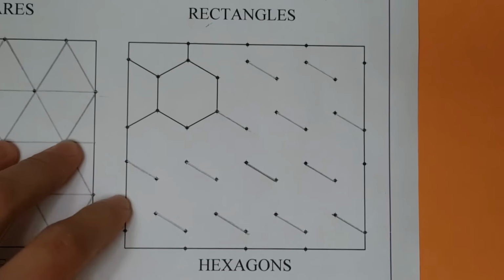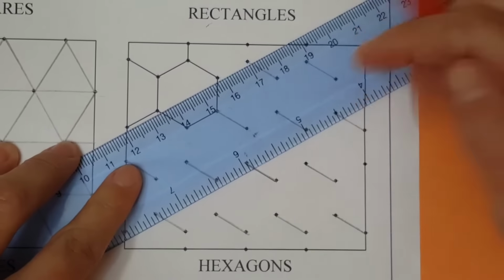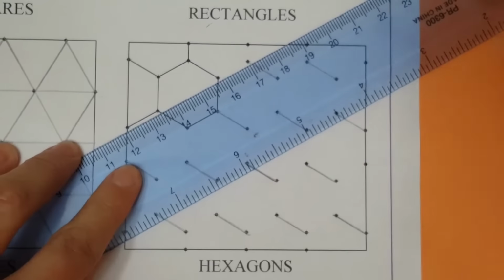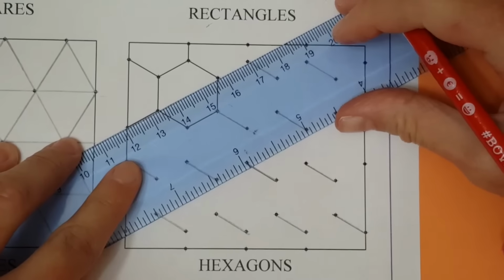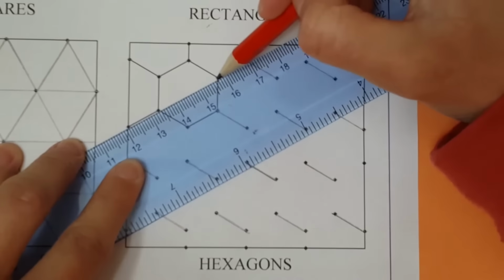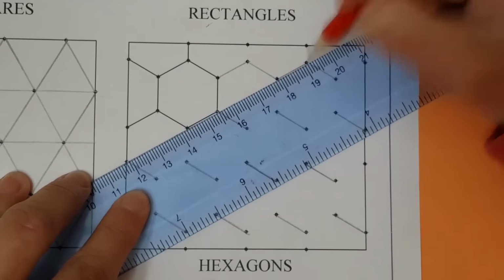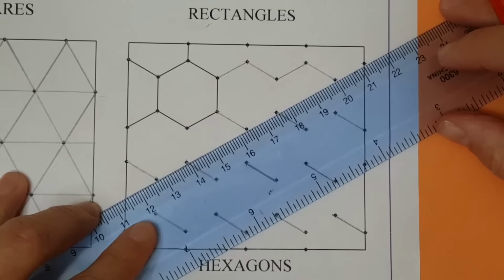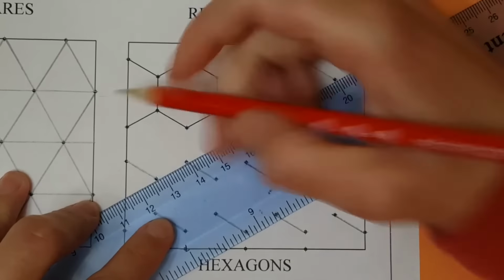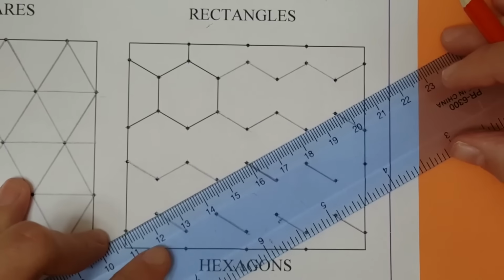Okay, now let's draw the lines going from left to right upwards. Again, if you feel that you're getting a bit confused, first mark your lines before you actually draw them. Okay, always mark them with a thin light line.